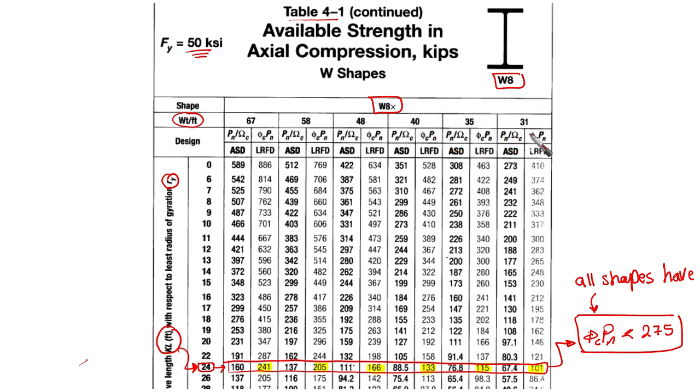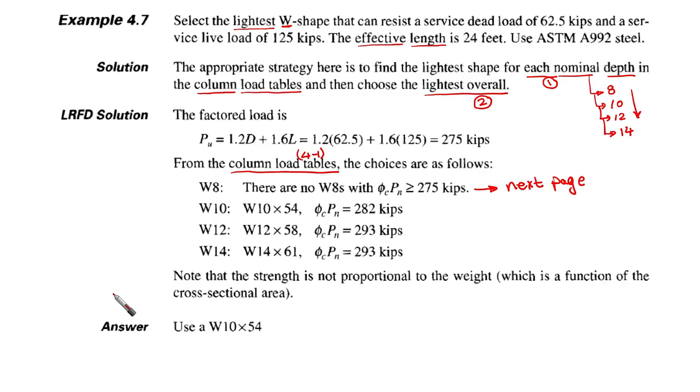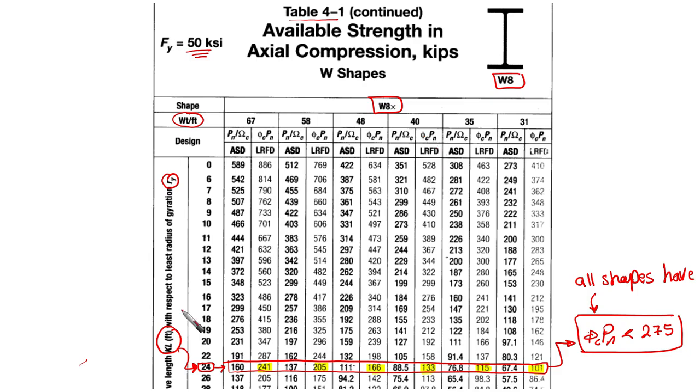So now for 31, this is for LRFD, we are going with the KL. Let's go back, our KL is given, which is the effective length, 24. So we need to go to KL equal to 24, and we are assuming that it is with respect to the least radius of gyration, which is ry. We know this. We're going to read from the right.